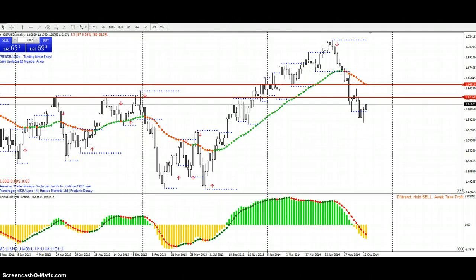So far, based on the weekly chart, we still have a potential move up of either 100 pip to 300 pip up, and still be considered a downtrend.